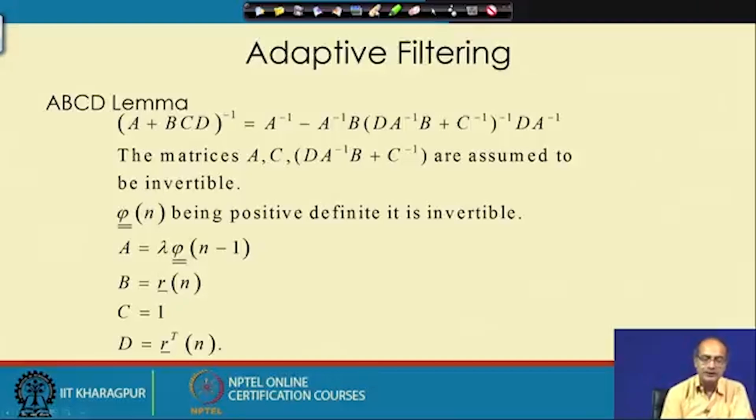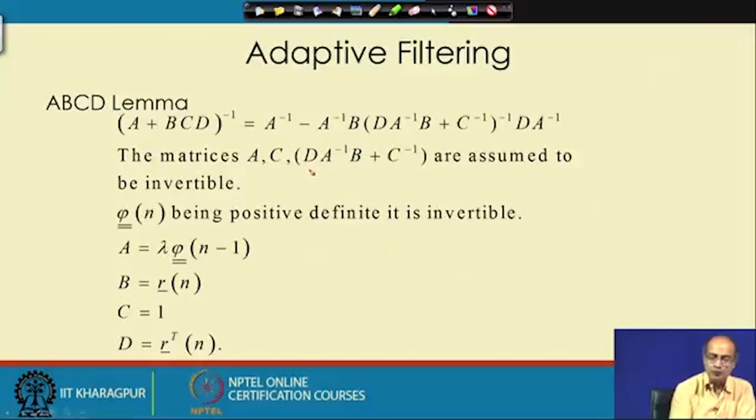In this lemma, the goal is that the matrix we have to invert, here phi n, we divide into constituents in the form A plus BCD, where we assume that A is invertible, C is invertible, and then D A inverse B plus C inverse is also invertible.